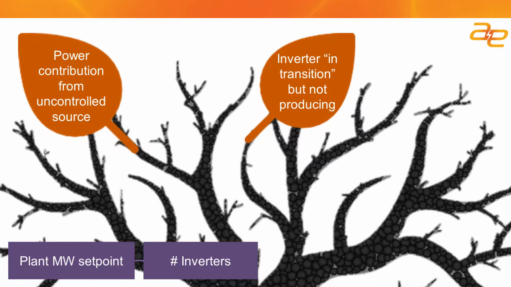But the downside of that is if I command an inverter to start from the control system, depending on the site and how the inverters are configured, I may or may not be able to get power from those inverters in the short term. I can command an inverter to start, but it may not be able to deliver power for up to 5 minutes.